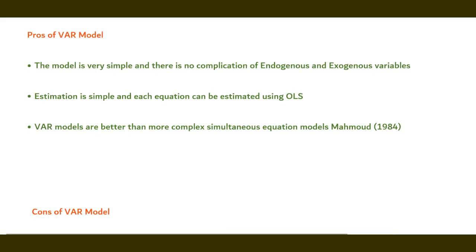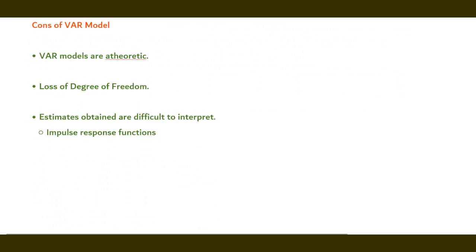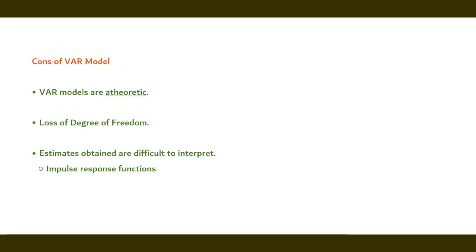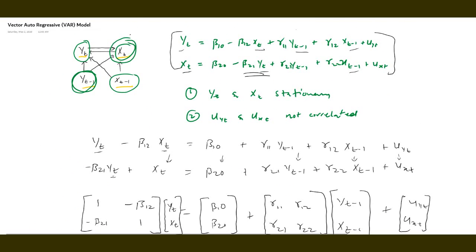Then there are some disadvantages of the vector autoregressive model. That is that the VAR models are atheoretic. There is no theory backing the vector autoregressive model. How? Because when we are trying to estimate a model, we usually have a relationship from a theory, that xt is causing yt, or yt is depending on a certain variable xt, but we have a theory in its back.